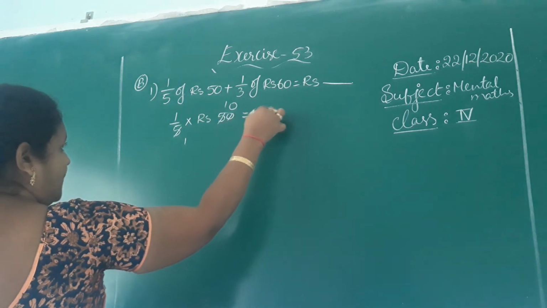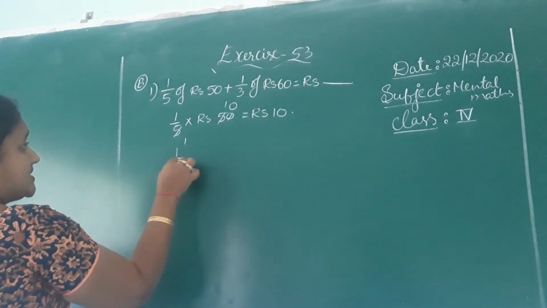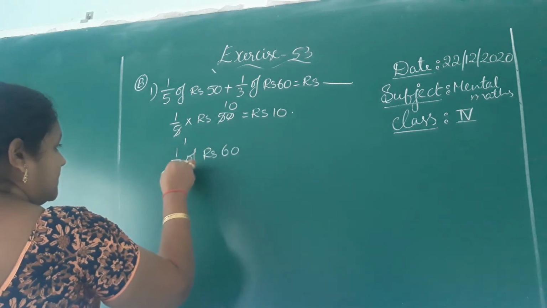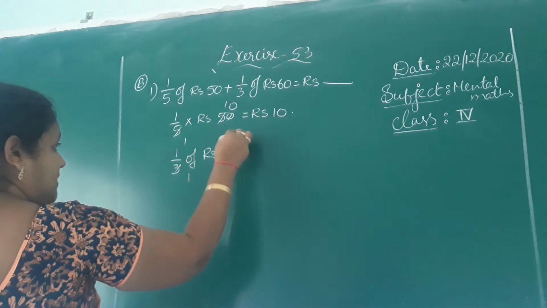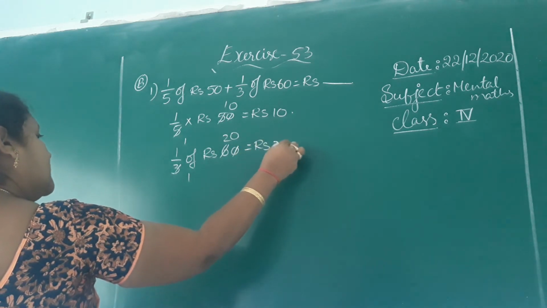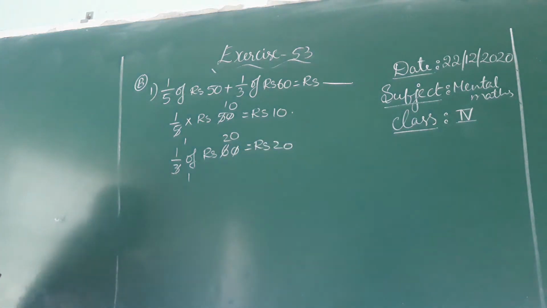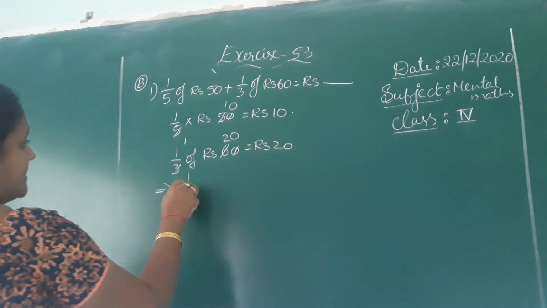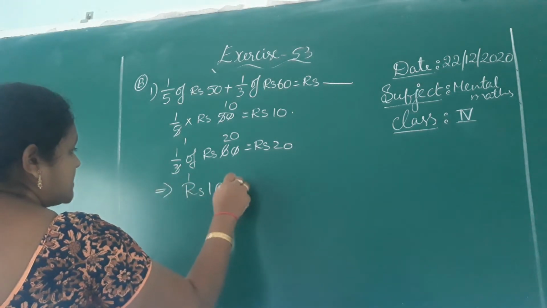Answer is 10 rupees. Next, 1 by 3 of rupees 60. 3 twos 6, 3 zeros. So answer is 20. They are asking us to add those two answers. So that implies rupees 10 plus rupees 20.